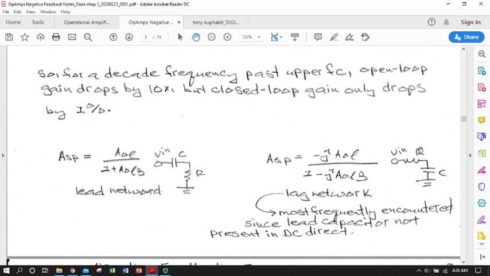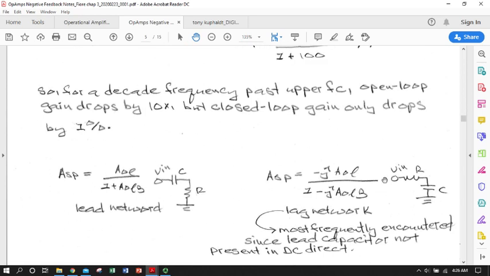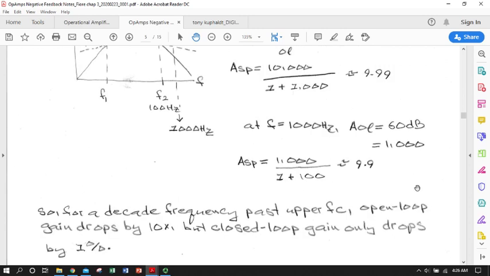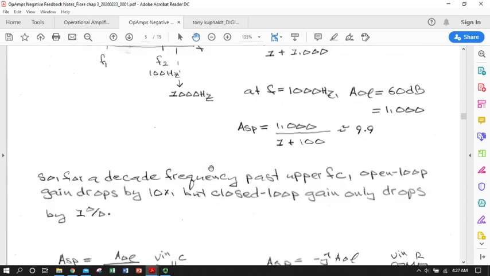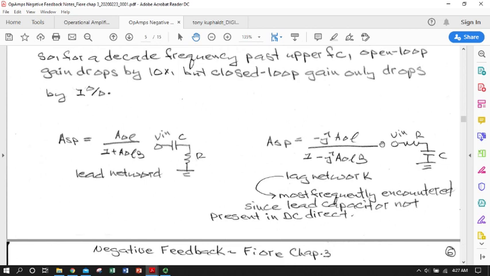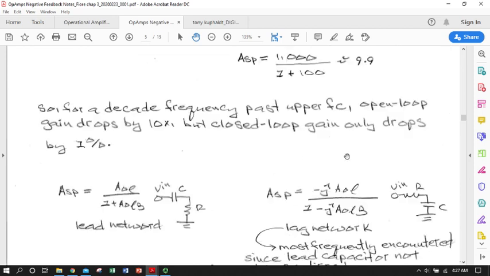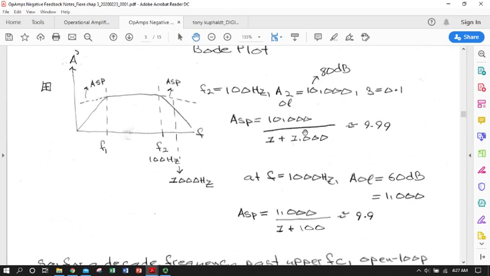And just to remember that when we're working with our lagging network, here's our circuit, the representation of our op amp that gives us that open loop roll-off behavior, because we have that capacitive element at the end, you will have that imaginary expression associated with your open loop gain. But for practical purposes, you can just plug into this formula.